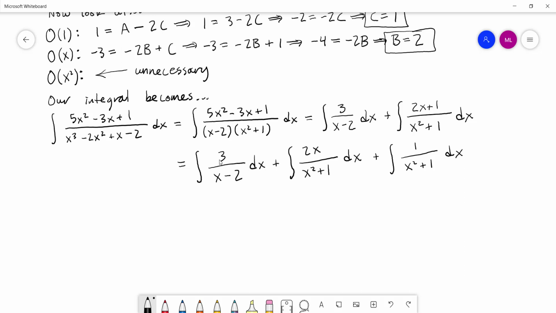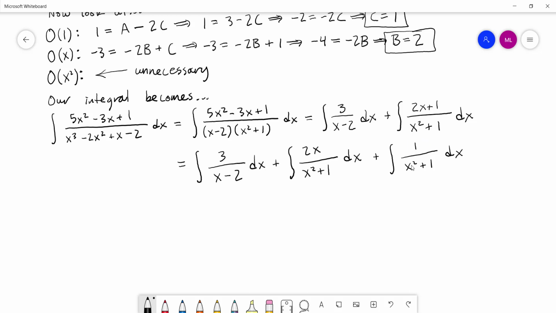This one is going to be a u substitution. This one's going to be a u substitution. And this one is either one that you just know off the top of your head, or it turns out to be a trig substitution, which I'm not going to go through, but you may recognize this as being an arctangent. Notice the reasoning for that is the derivative of this down here is going to be 2x. I don't have an x to play with to make this a u substitution.